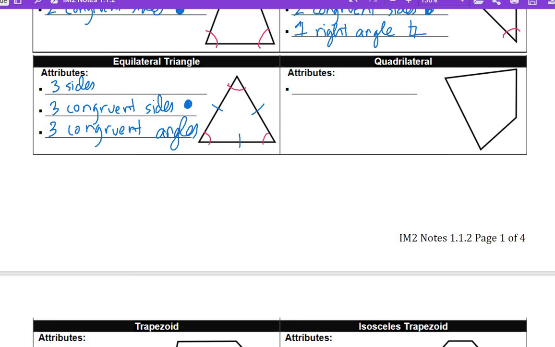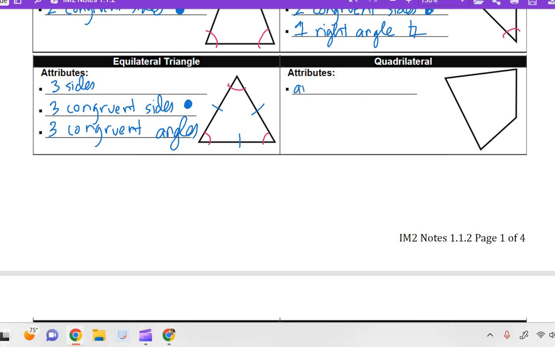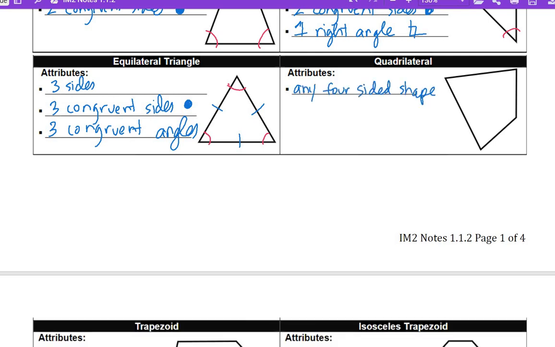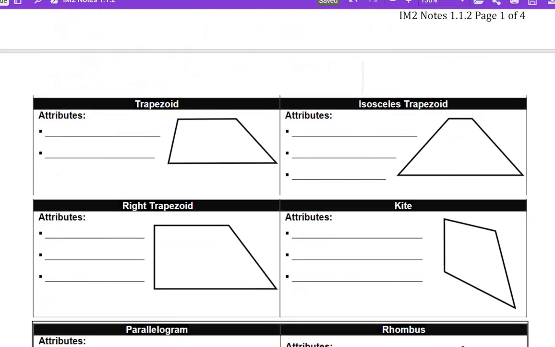All 3 of those angles have equal measure. Next, we have a quadrilateral. That is any 4-sided shape. Moving on.